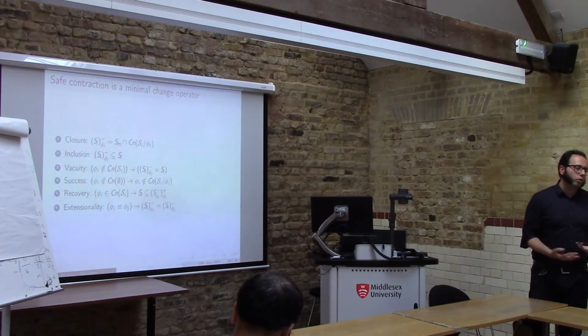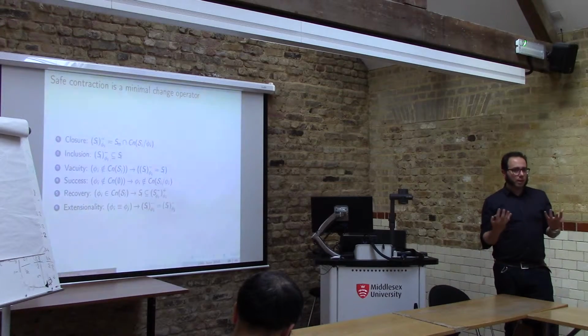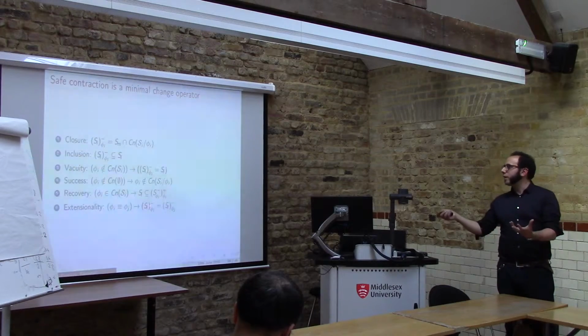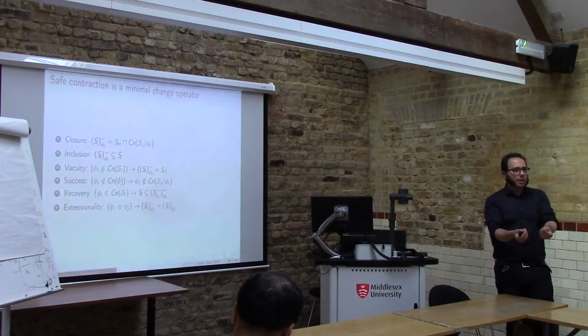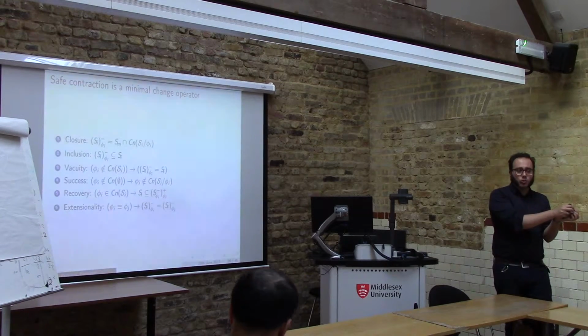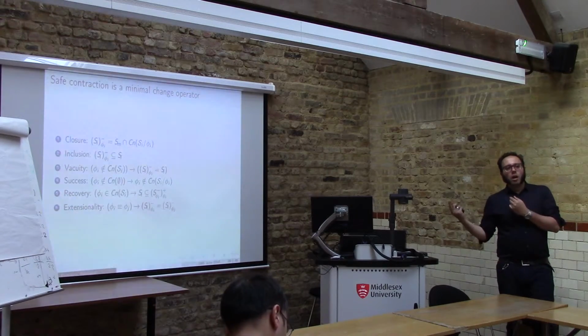Typically, one uses a notion of distance between the two sets of formulas, the one generated by this new order relation and the original one, and one picks the set induced by the contraction that gives the minimal number of changes, and minimizes it by distance.